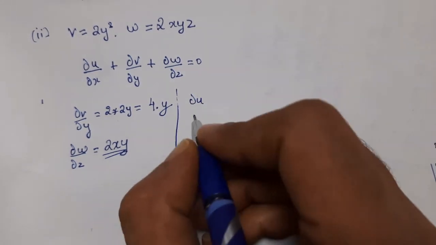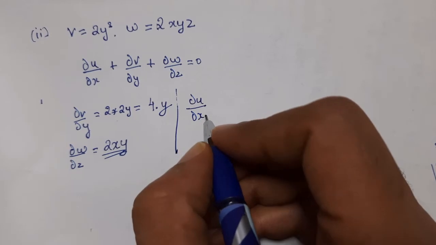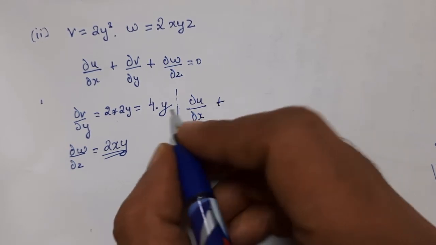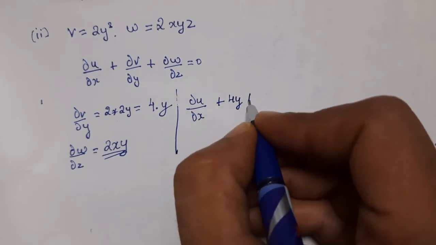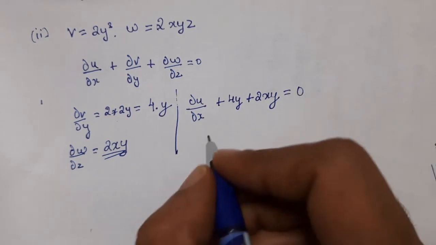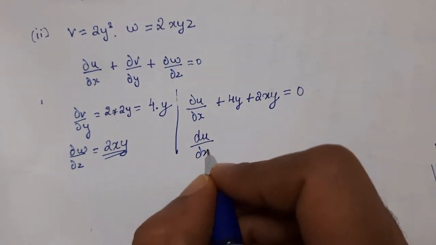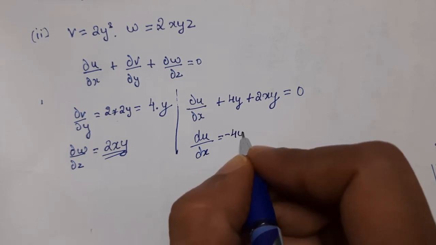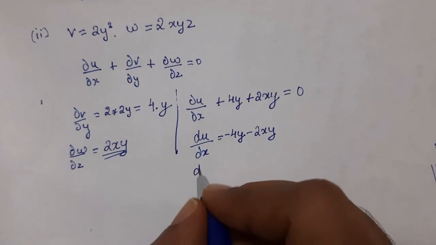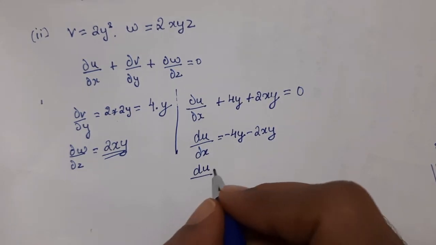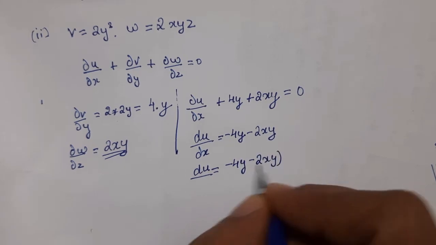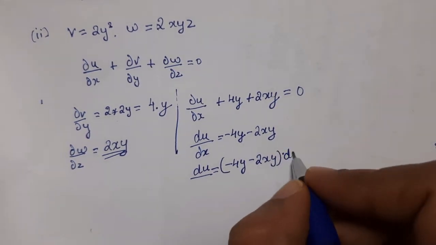Now substituting these in this particular equation, what we get here is dou u by dou x plus 4y plus 2xy is equal to 0. So dou u by dou x is equal to minus 4y minus 2xy. So it can be written as dou u is equal to minus 4y minus 2xy into dx.